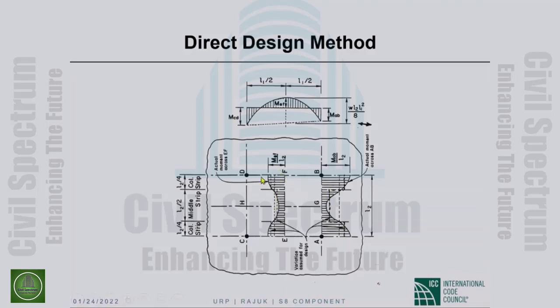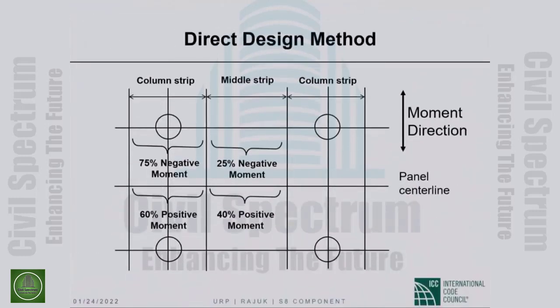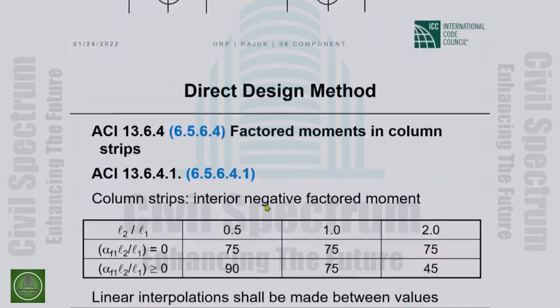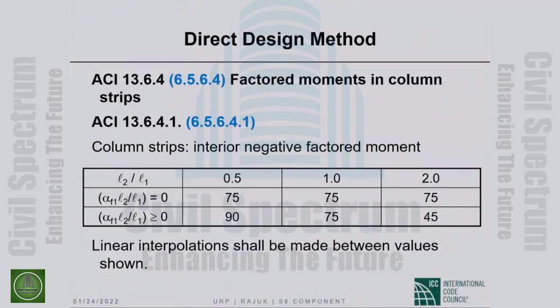And when it comes to the span section, we assign 60% of the positive moment to the two half column strips and 40% of the positive moment to the middle strip. So that is the distribution in the transverse direction. At the support section, it is a 75-25 distribution between column strip and middle strip. In the span section, it is a 60-40 distribution between column strip and middle strip.